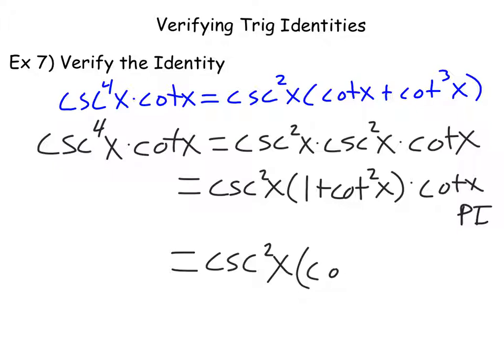But then if I distribute the cotangent, I would get cotangent of x, and then cotangent cubed, and there we go. It certainly doesn't look simplified, right? But remember, when you're verifying, that may not actually be the case. You just start with one side, and you basically play with the terms and rearrange stuff until you get to the other side, which is what I've done here.